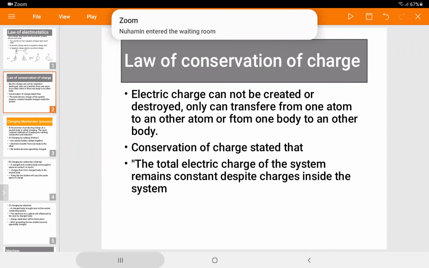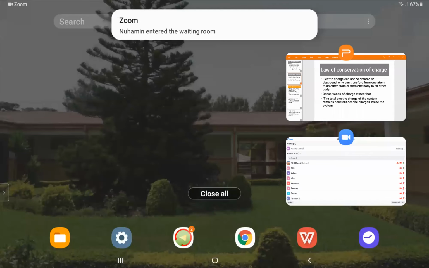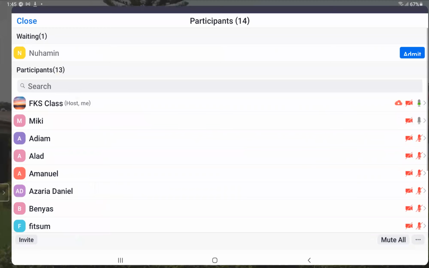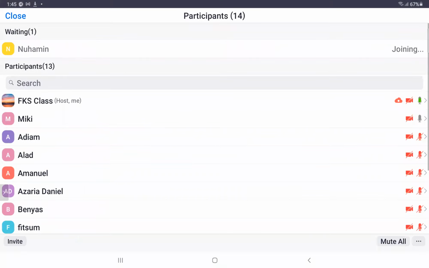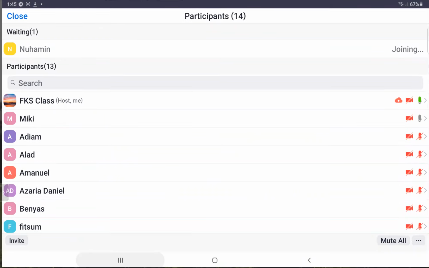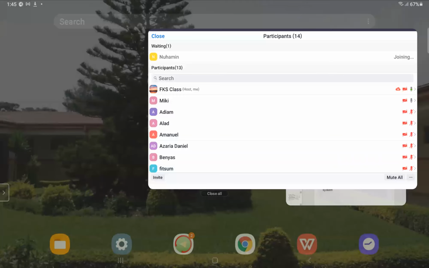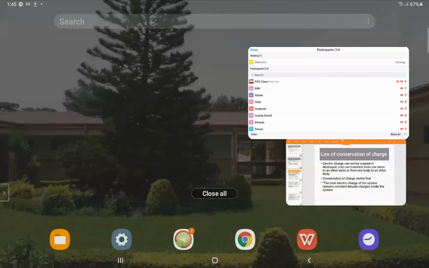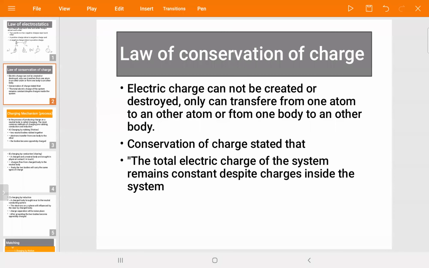What happened is only the transfer of electrons from one body to another body. Due to this transfer of electrons, charge will be produced. So this is called conservation of charge, and it states that the total electric charge of the system remains constant despite changes inside the system.